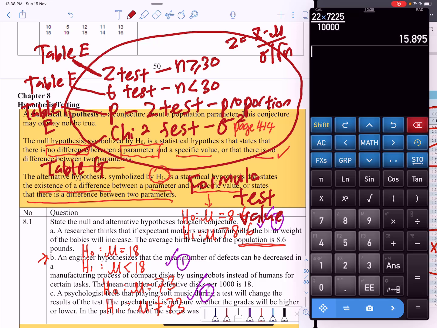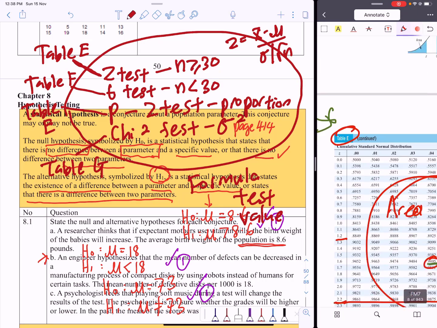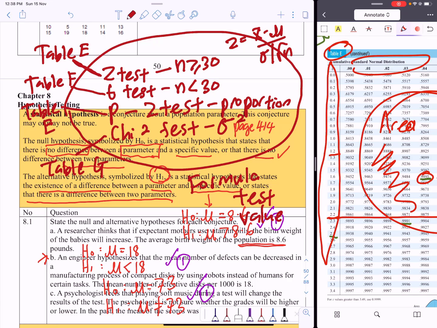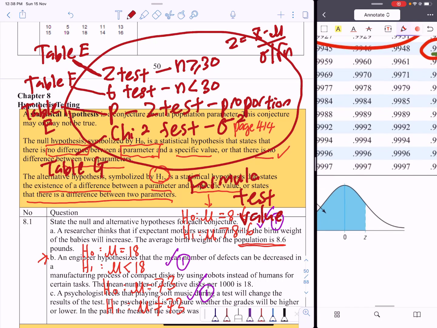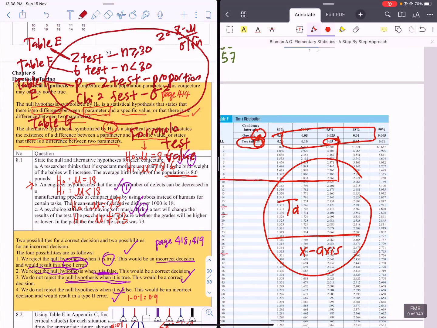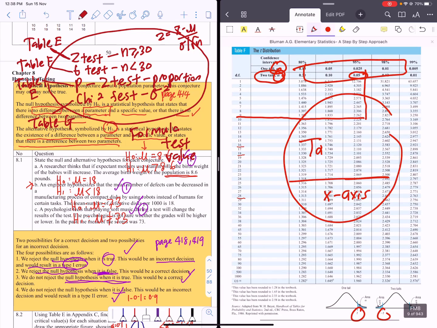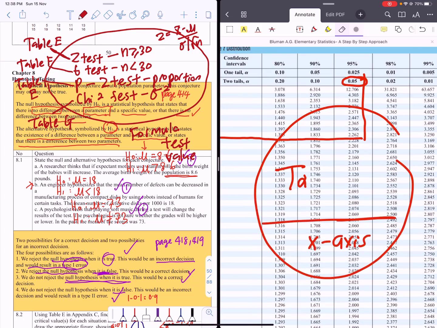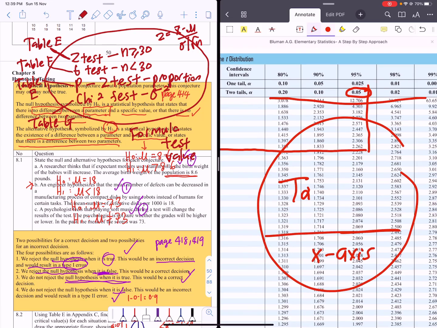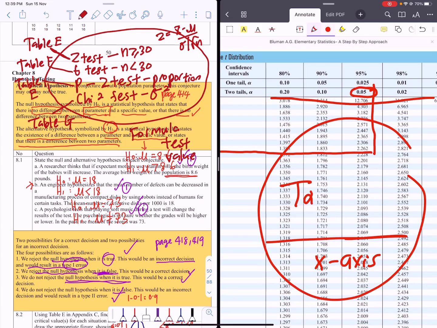Okay, dalam table E, yang tepi ni adalah dia punya Z. Yang dekat dalam ni adalah area, iaitu alpha. Kalau untuk table F, kita tak perlu dah tengok untuk one tail, two tail. Directly kita boleh guna one tail or two tail.